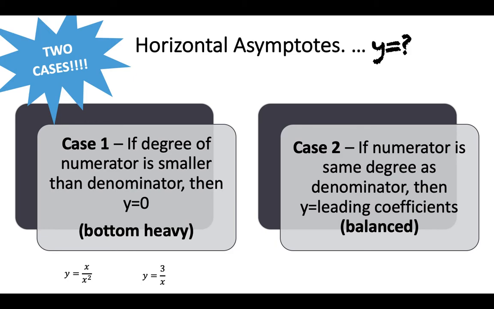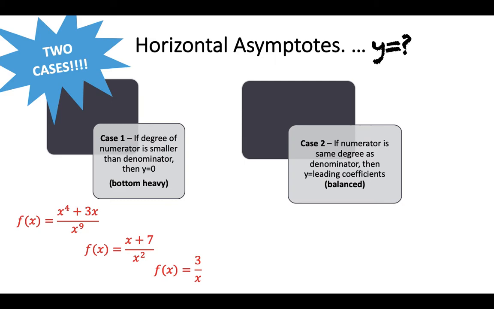There's more x's on the bottom than on the top. So that's a good way to think about it: if there's a higher exponent on the bottom than on the top, then that's considered bottom heavy and y equals 0. Here are a couple more examples of bottom heavy ones that are a little bit more complicated.